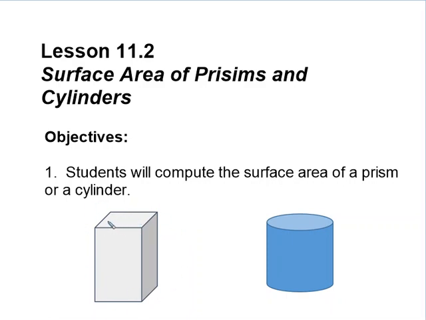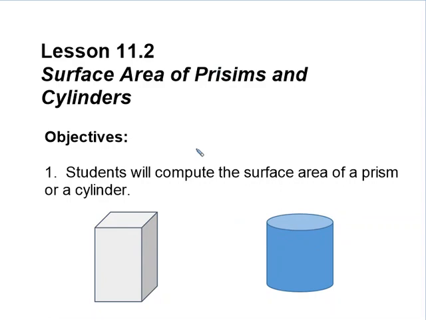Now, prisms don't have to have all sides that are rectangles. Sometimes they'll have triangles on two ends or other shapes on the two opposite ends. And if the opposite ends are circles, you get this shape that we call a cylinder. That's going to be the topic for Wednesday.